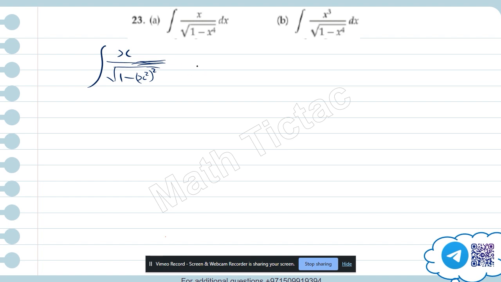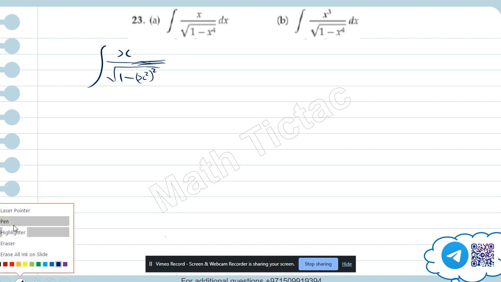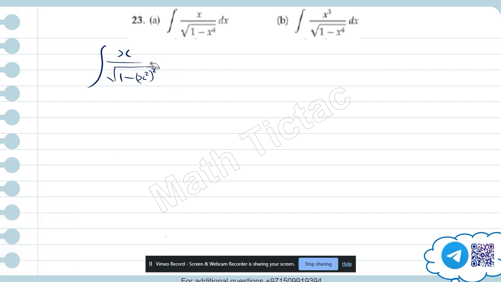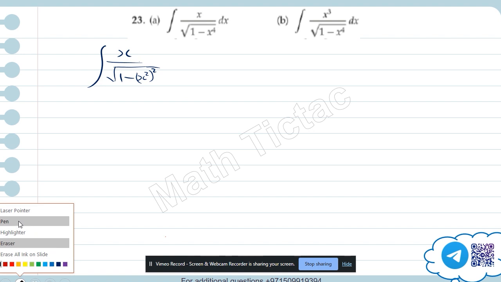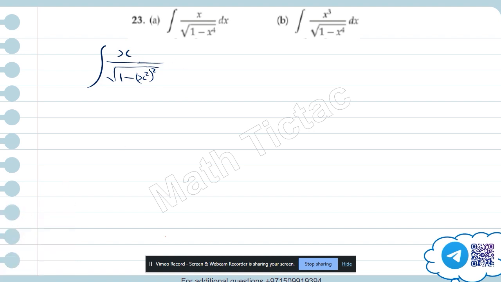So now in here, we have to erase this, so go back to this. Now the derivative of x squared we can find in here.